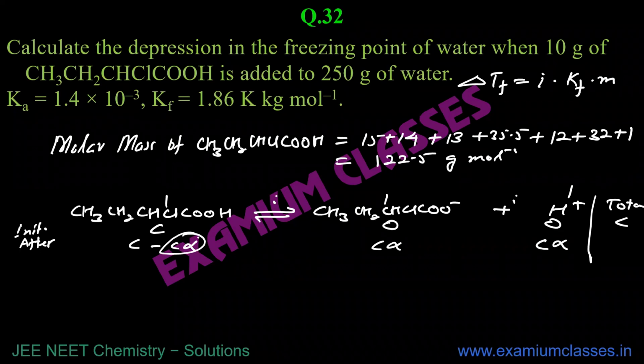So if C alpha is consumed here, C alpha will be produced, C alpha will be produced. So what is the total number of moles? You add all these, C alpha got cancelled, C plus C alpha. This is the total number of moles after dissociation.